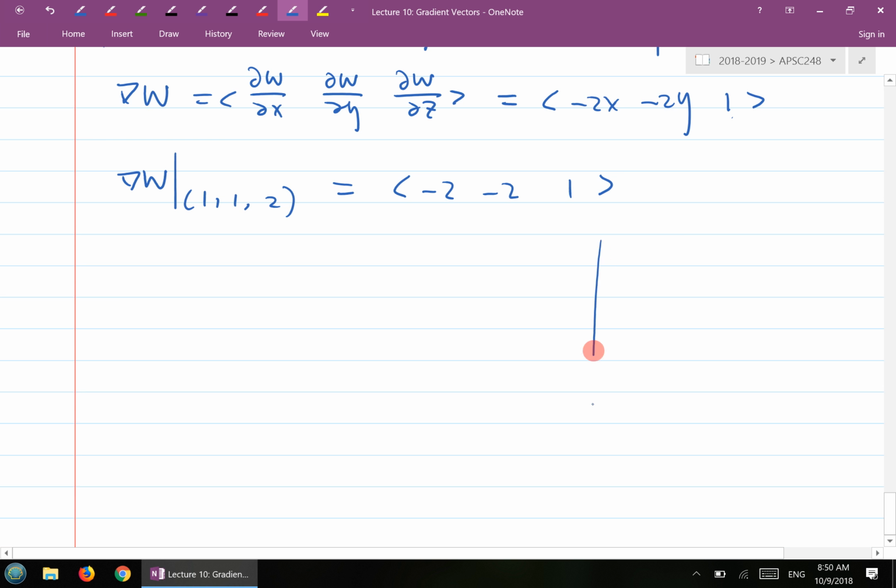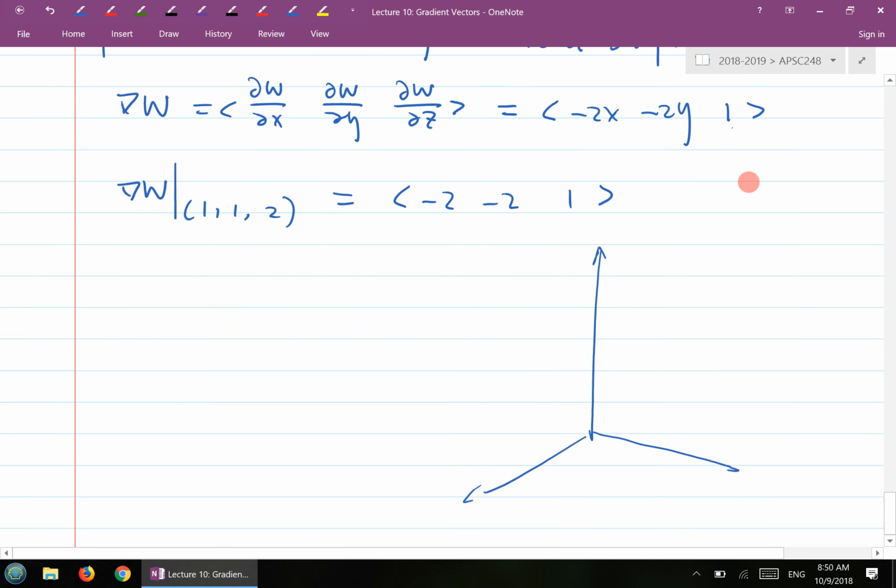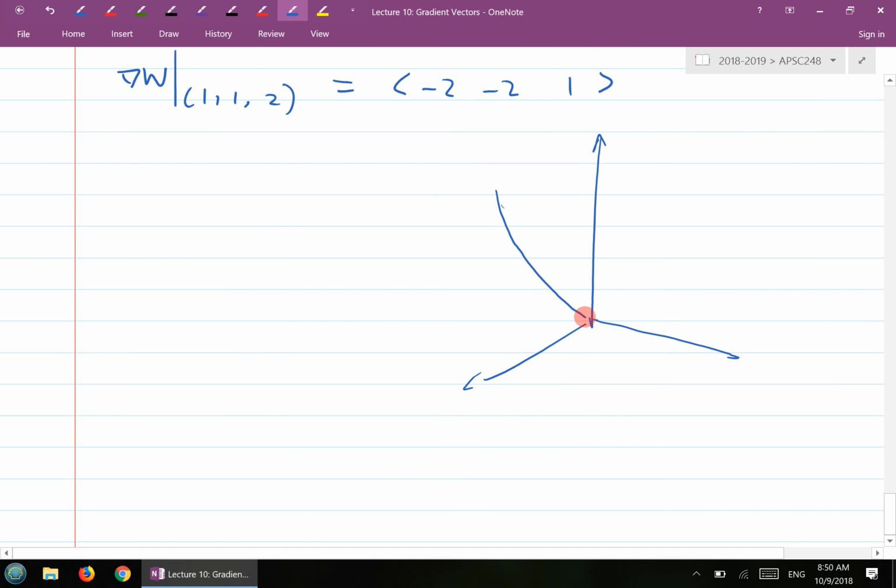To demonstrate this gradient vector, let's plot z equal to x squared plus y squared first. So plot this surface first, which is a paraboloid. This surface here is basically w equal to 0, or z equal to x squared plus y squared.